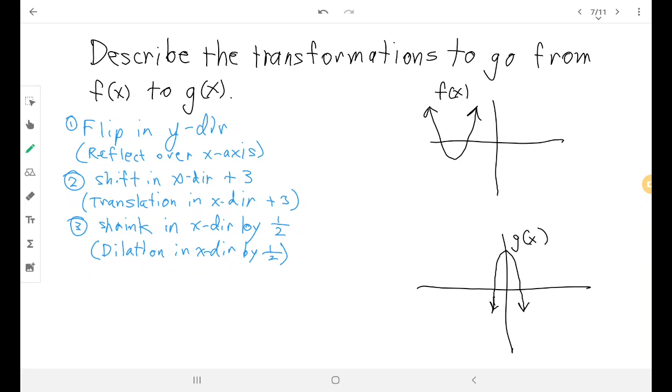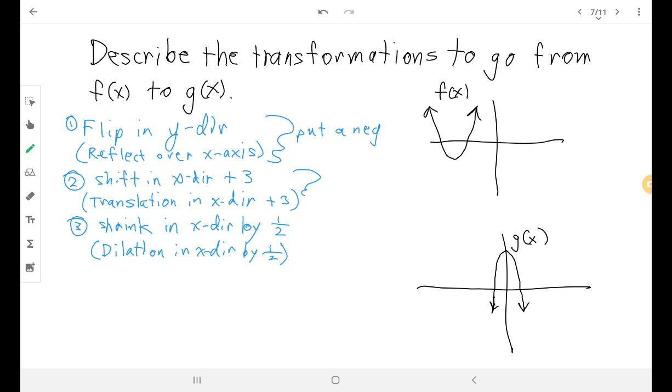Okay, so a flip, remember, what that means is put a negative out front in this case because it's in the y direction.